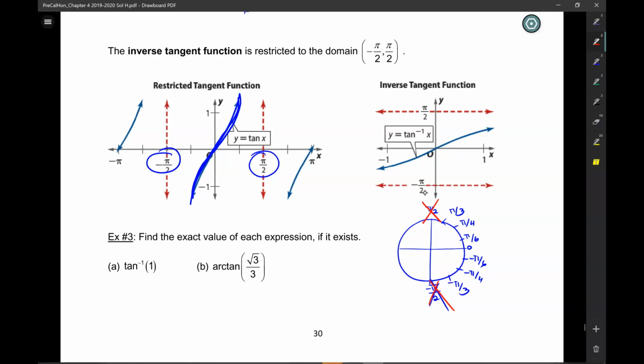All real numbers. So the range of the inverse tangent is all real numbers. So when I have inverse tangent of x equal to y, only for tangent, x can be any number.